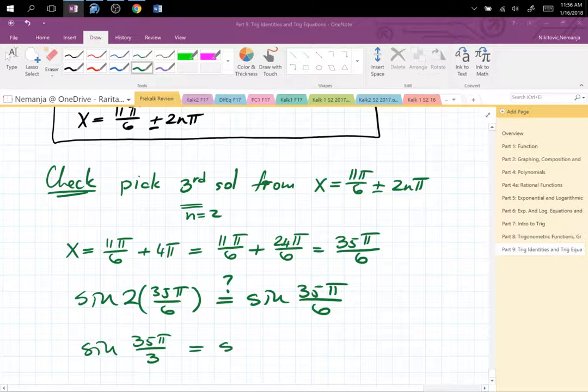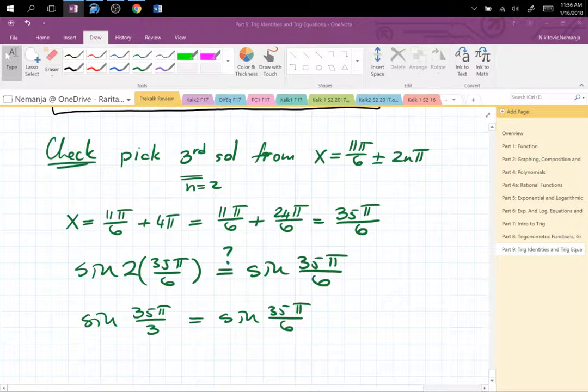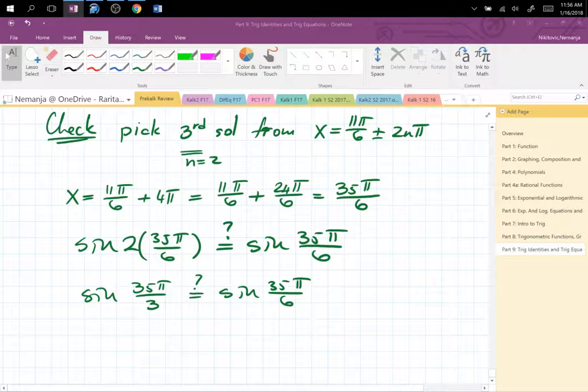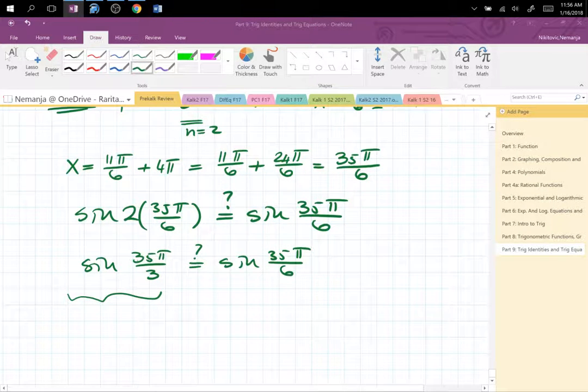And on the right, you have sine of 35 pi over 6. And they need to give you the same answer. So you compute by what we know from before. Peel off the extra revolutions, so divide this by 6, and then do the same thing over here. You divide by 12, and then they have to work out.